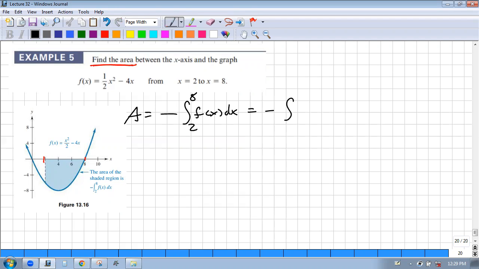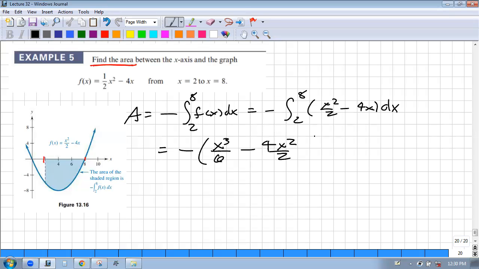So we have the integral from 2 to 8 of x squared over 2 minus 4x dx. We have the negative. This would be x cubed over 6, right? Add 1 to the exponent, divide by the exponent, 3 times 2 is 6. And then minus 4x squared over 2, evaluated from 2 to 8.